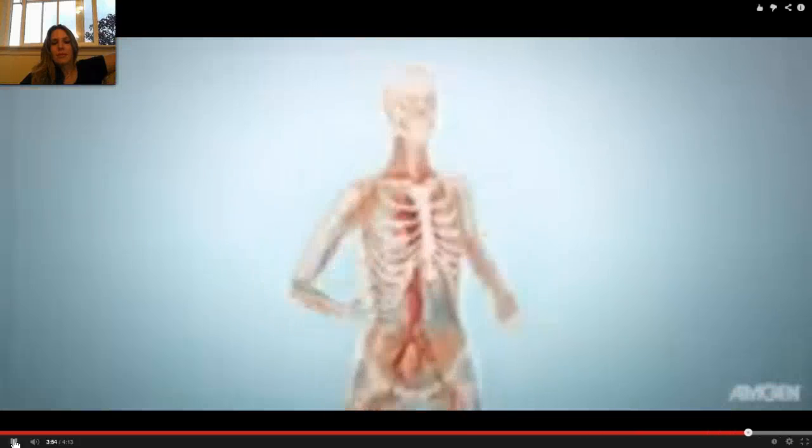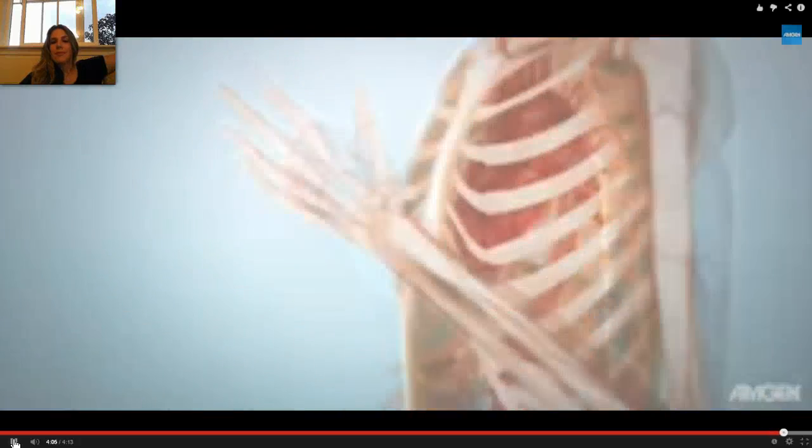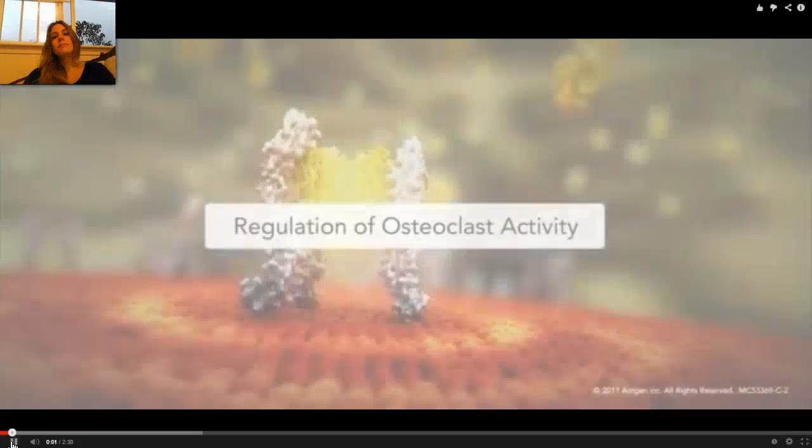Loss of bone mass reduces its strength and increases the risk of fracture. This highlights the importance of staying active, maintaining good nutrition throughout life, and being aware of personal risk factors associated with low bone density.